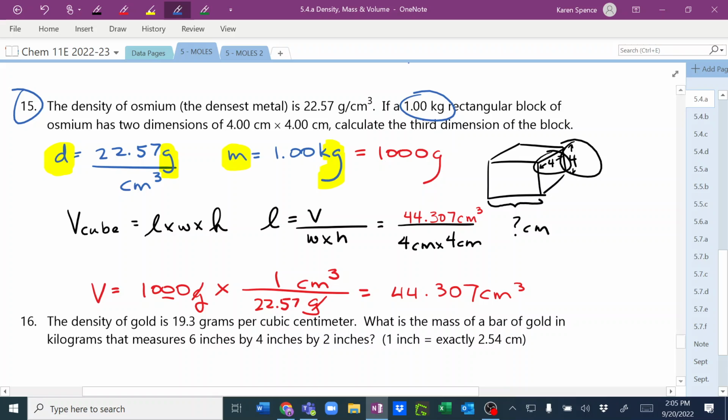What's going to happen is my centimeters and my centimeters will cancel with 2 of those centimeters. So I take that number and divide by 16, and we get 2.769 centimeters, which would then round to 2.77 centimeters. Is that good? Cool.